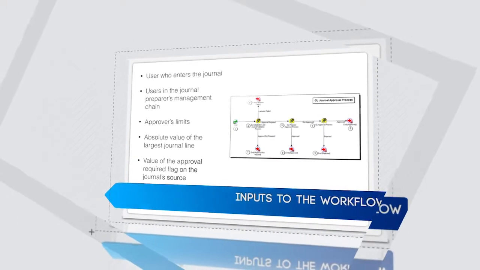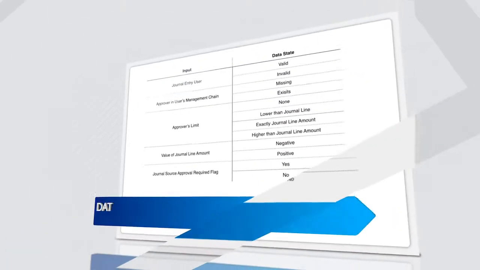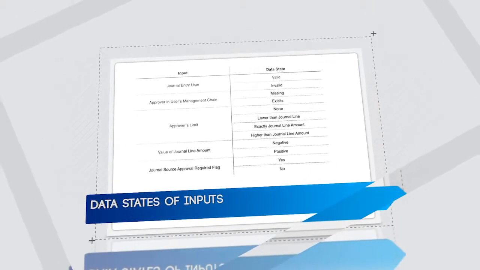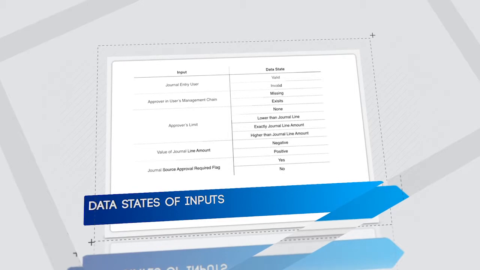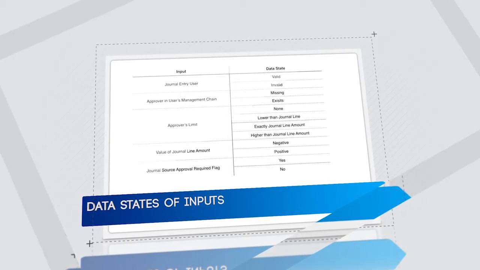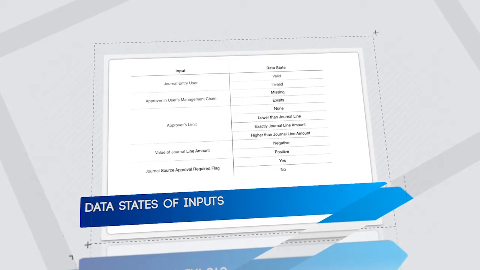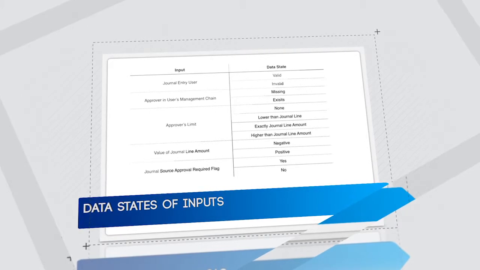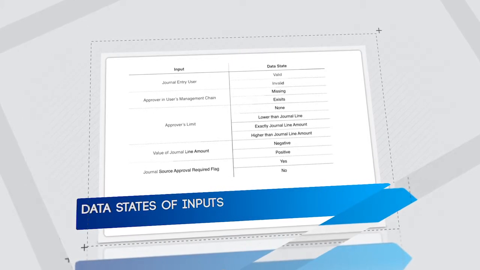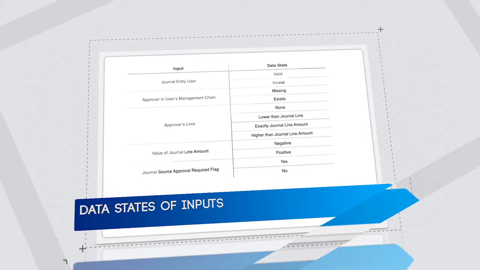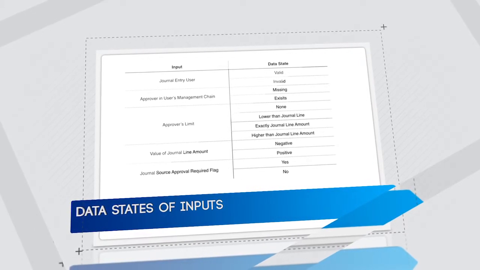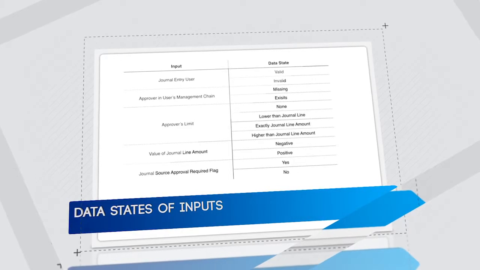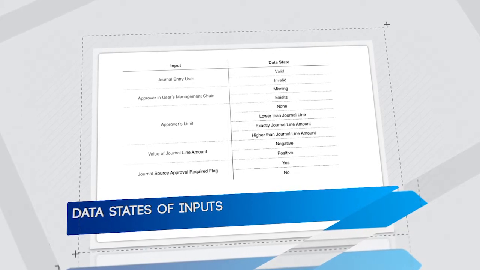So now that we know our inputs, let's take a look at the data states of each input. This is very important in testing, to figure out what different flavors of the data there are, because based on that, there's going to be a different output. So for example, we'll take the journal entry, the user that's entering the journal entry. Now that person in the system can be either valid or invalid.